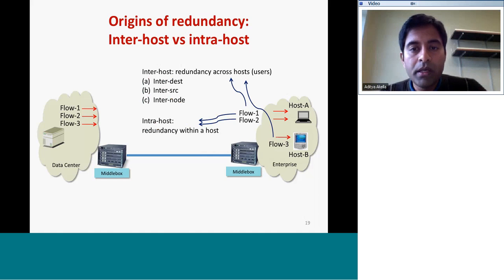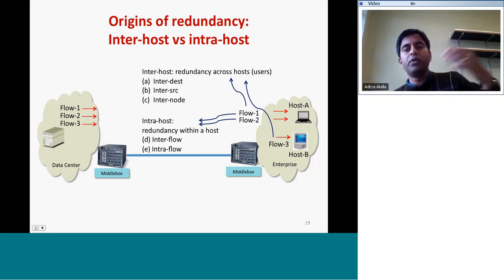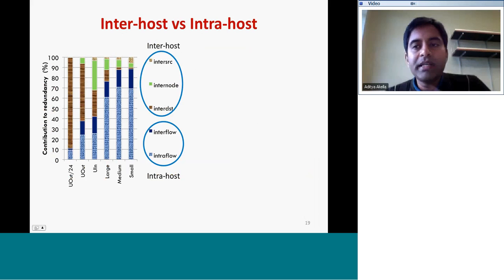Again, here we can look at interflow and intraflow redundancy. Here is a quick overview of what we see across the different sites we measured. The first 3 are for the university links, and the last 3 are for the enterprises. The key thing is to notice the enterprise. What we see is that the intra-host redundancy is significant, captured by the light blue and the dark blue bars, and this is very different from what we see in the university.